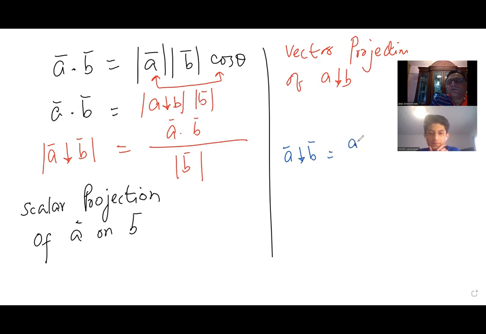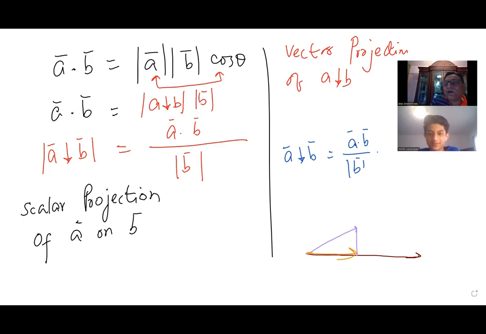I have to give a direction to my scalar projection, right? And can you tell me what is the direction? It is along B, right? Because we saw that if this is B, then the projection of A is along B. So if I have to give this direction, it is a unit vector in the direction of B, right?